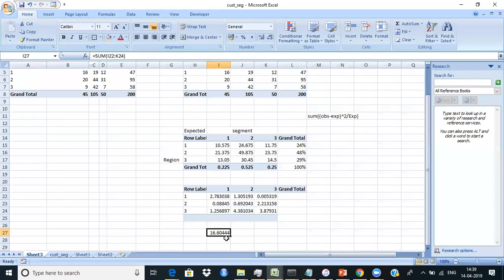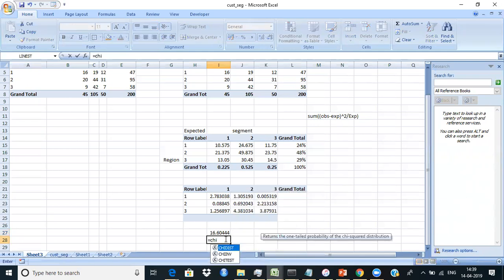Now, the next step is to get the right-tailed probabilities from chi-square distribution. So if I look in Excel, there is a function called chi-dist. It asks for an x and it asks for degrees of freedom.